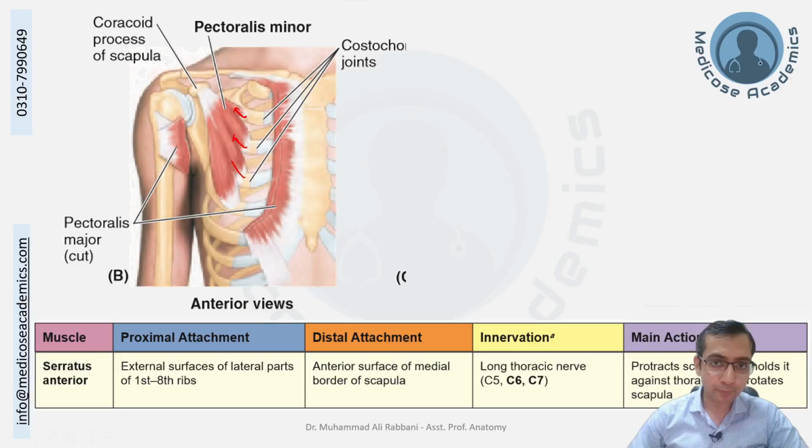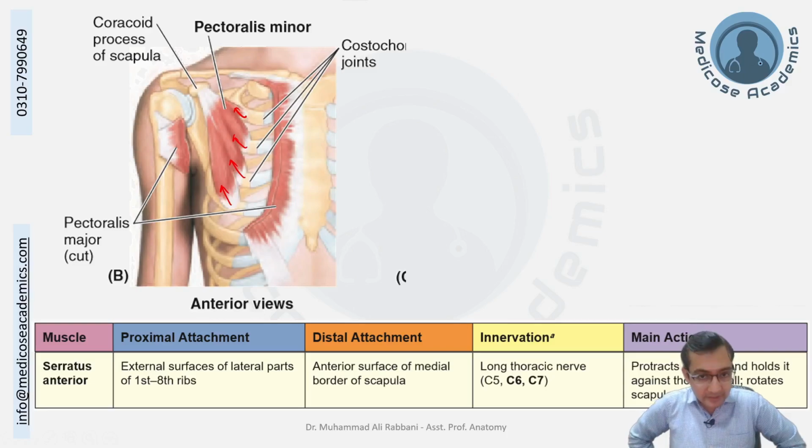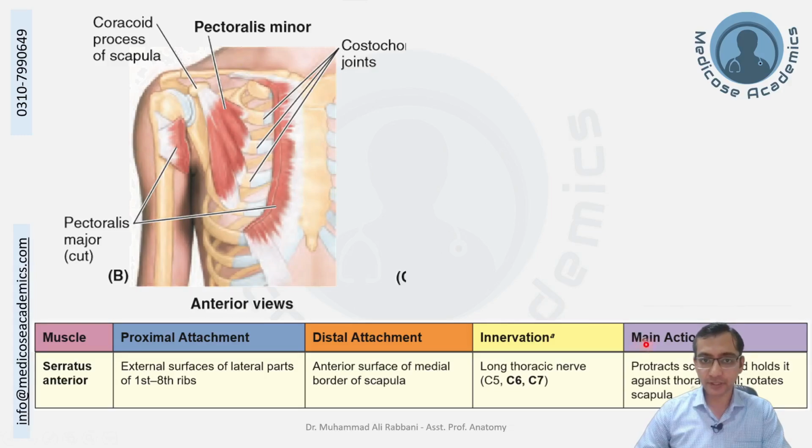So these muscles act as accessory muscles of inspiration when the scapula is fixed, and you will see a person who is breathing laboriously putting his hands on the hips or some table or anything and taking deep breaths. So this is the function. So this is about pectoralis minor.